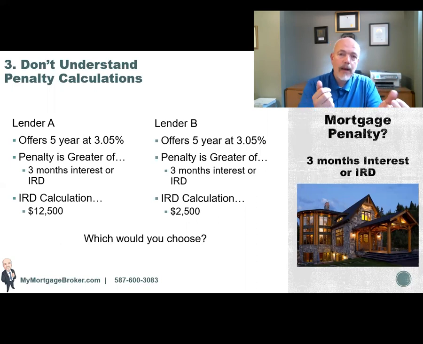Now, one bank might have an infrastructure and branches that you can go to, and you may be willing to pay that extra money to have those services, and you may not ever have to pay that if you don't pay out the mortgage early. So it's just important to be aware of and know how that works, so that you're fully informed and you don't get a surprise down the road if something happens.